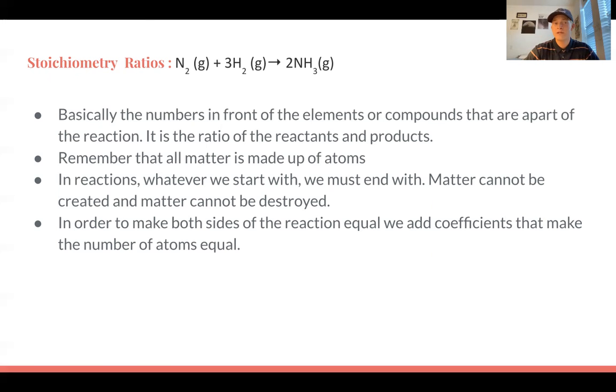And those coefficients are the theory behind stoichiometry. So that's the overview of stoichiometry ratios. As you can probably tell, it's pretty basic. All we're doing is making sure that things are consistent from the beginning of the equation all the way through the end.